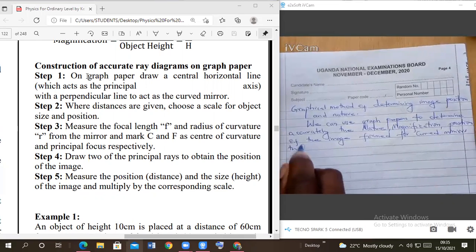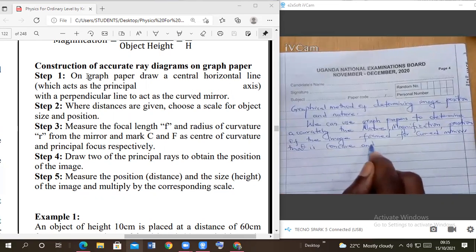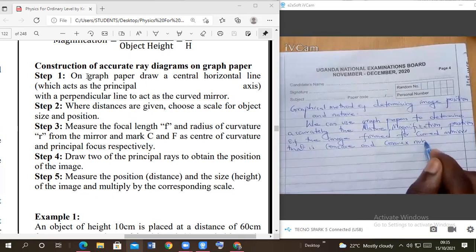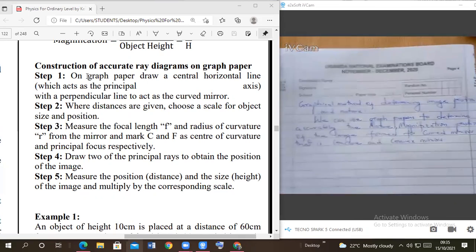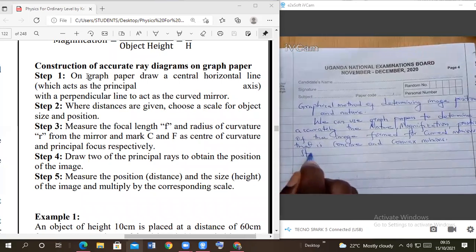That is, concave and convex mirrors. So what are the steps? Now let's look at the steps.